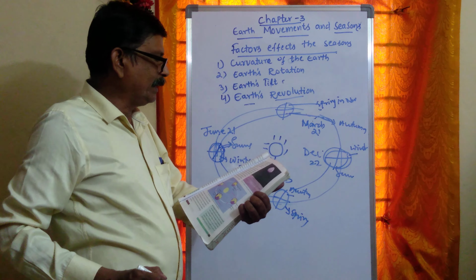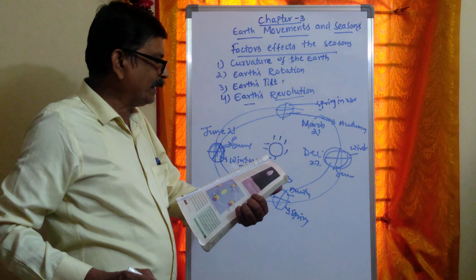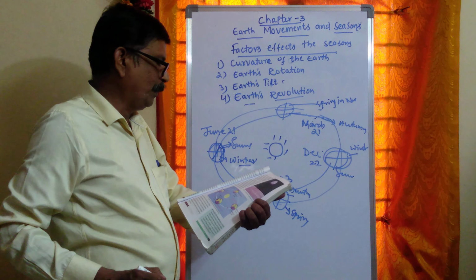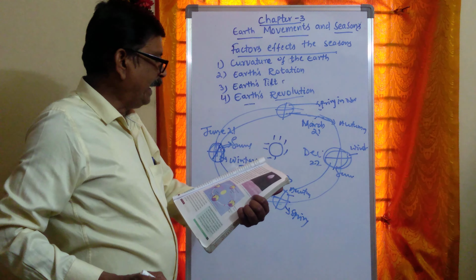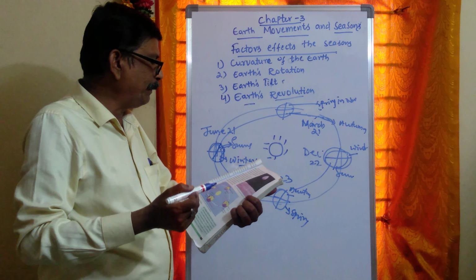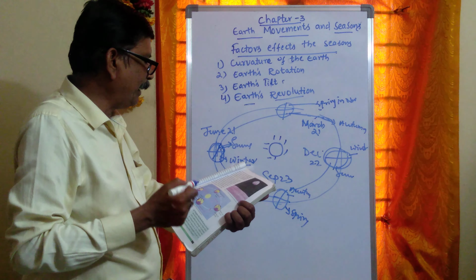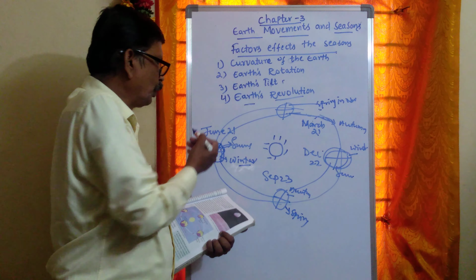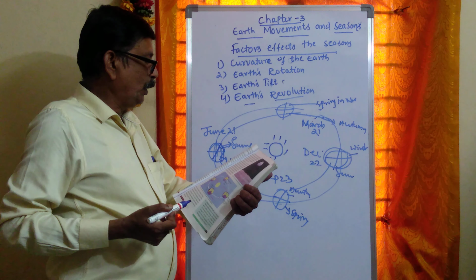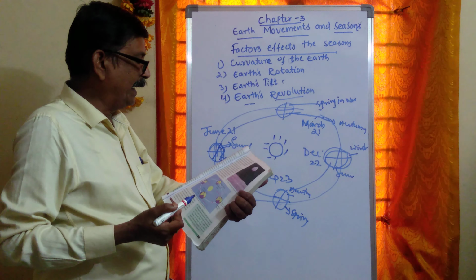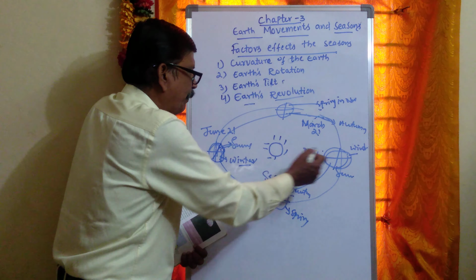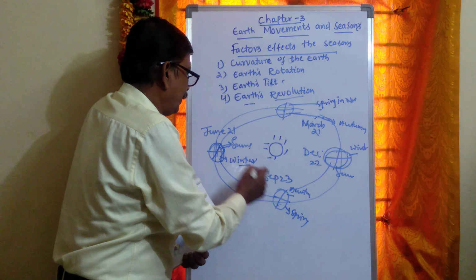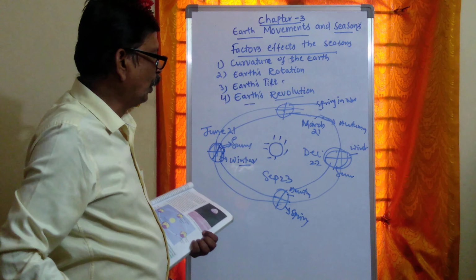And in some months, the southern hemisphere faces the sun. As a result, when the northern hemisphere has summer, the southern hemisphere has winter in the June month. Then six months later, in December, it is quite opposite. These are the two opposites.